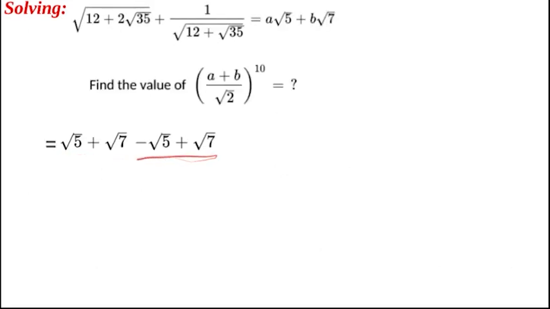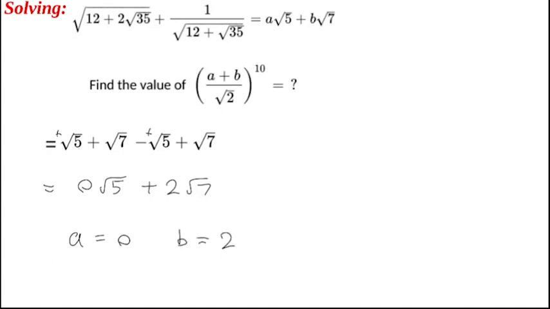We can compare the format to a square root 5 plus b square root 7, and we can deduce that when we sum up the square root of 5 and this negative square root, we're going to get 0 for the square root of 5, and also we're going to get 2 square root 7. So therefore a is equal to 0 and the b coefficient is equal to 2.